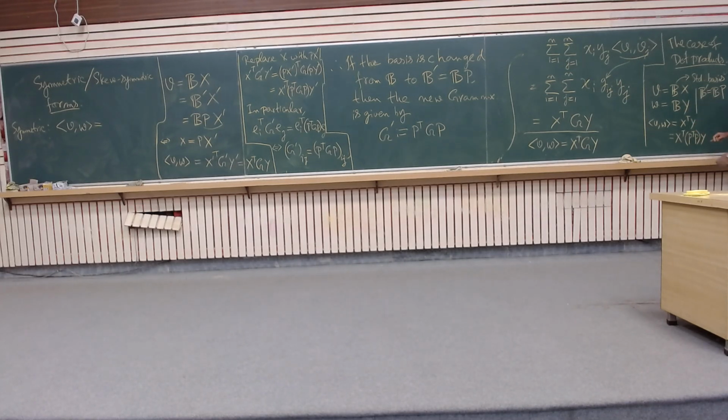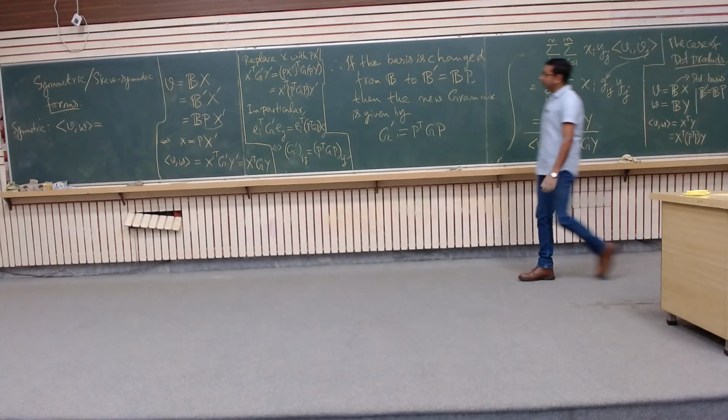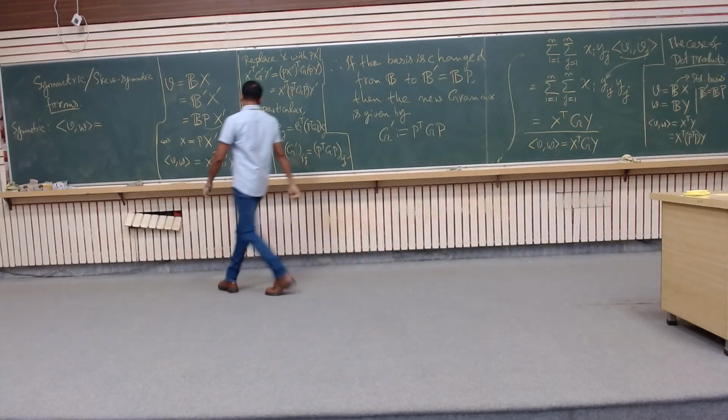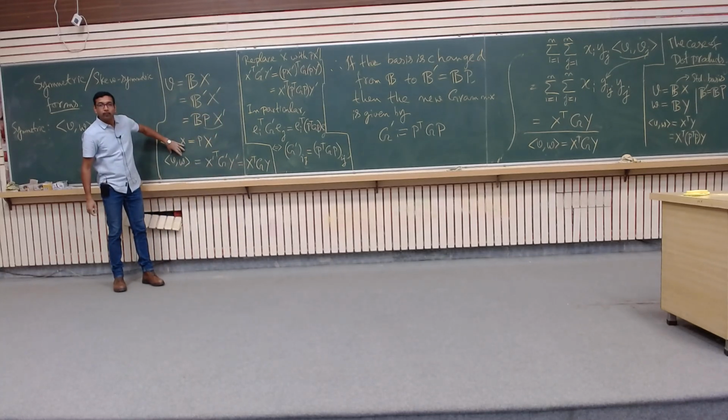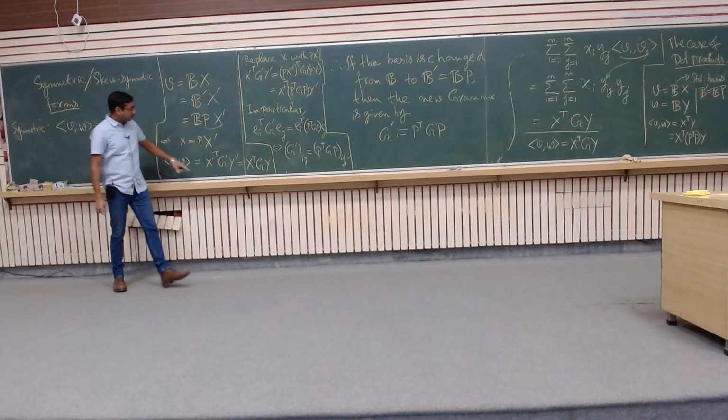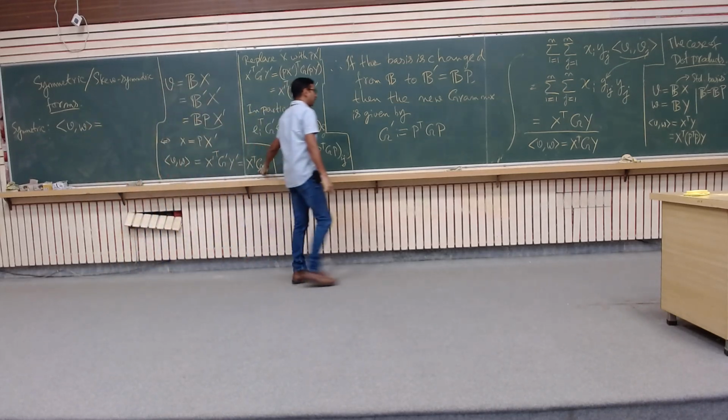So that means your dot product with respect to some other basis will have a representation like X dash transpose G dash Y dash. This was VW, and this was expressed as X transpose GY, right?